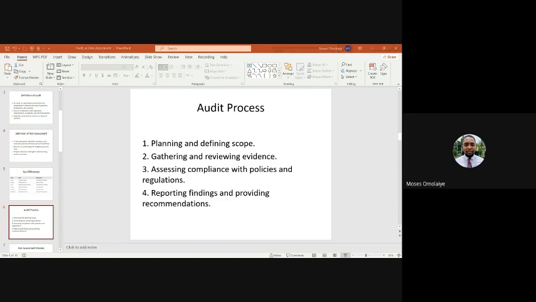So what's the importance of risk assessment and audits in information security? While audits help to maintain accountability and regulatory compliance, risk assessments proactively address security threats even before they materialize. So risk assessment complements audit, and that helps us to strengthen our security posture as organizations.